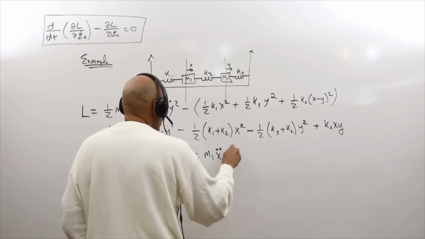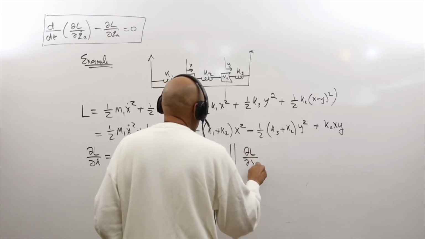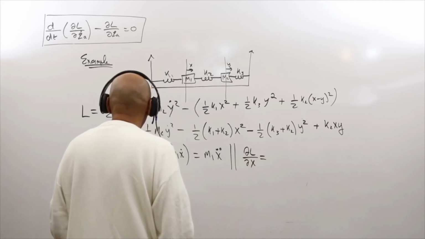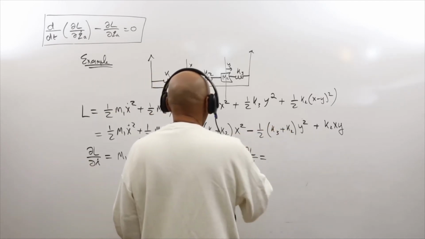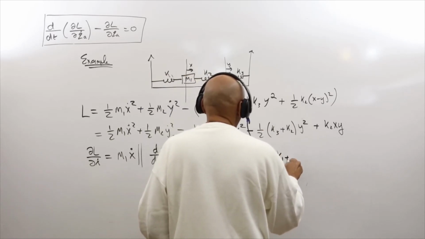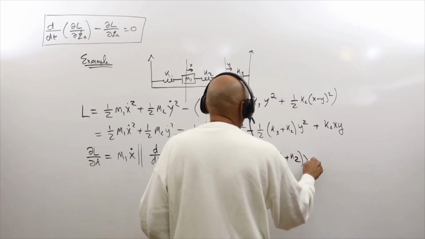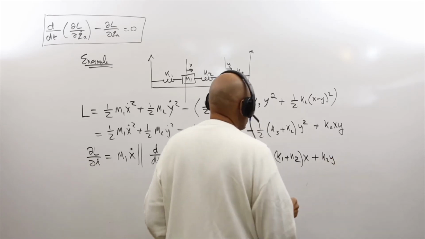And now I have to calculate the partial of L with respect to x. So the Lagrangian with respect to x, this will be 0, but there's a term here, so we're expecting a k1 plus k2 minus x plus k2y.